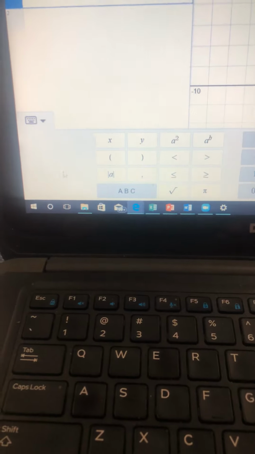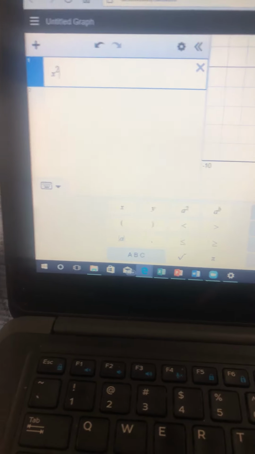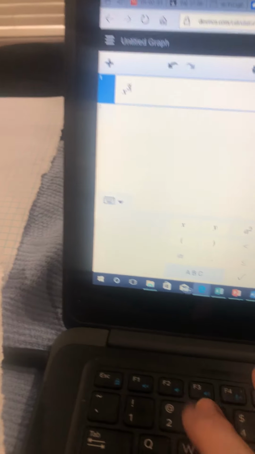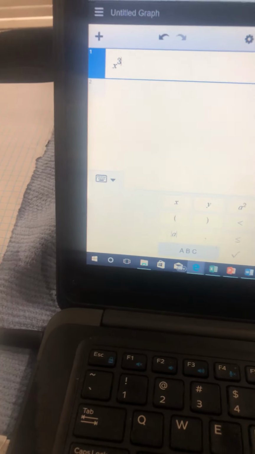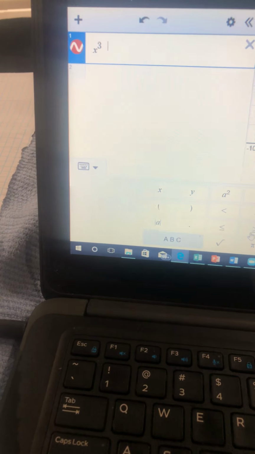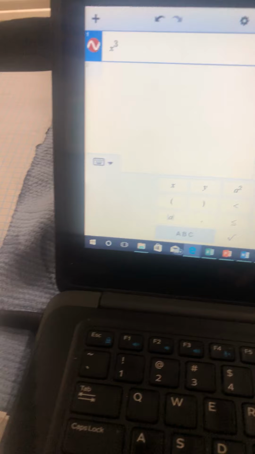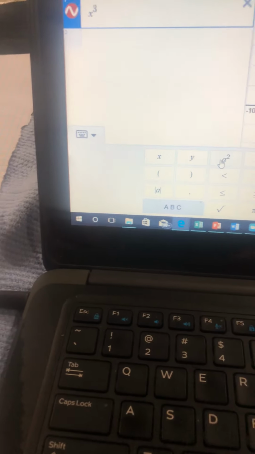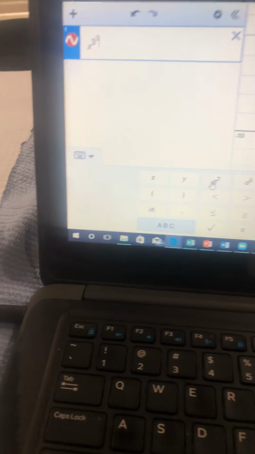Okay, so this is a cubed. So what I have to do is backspace that, change that to a 3. Okay, now we're going to space.